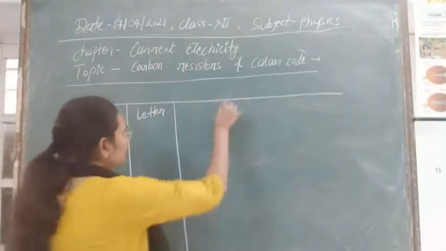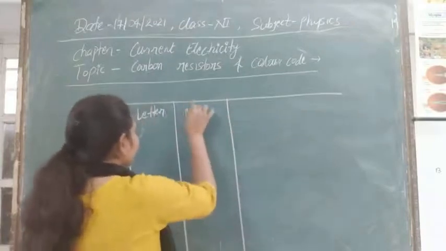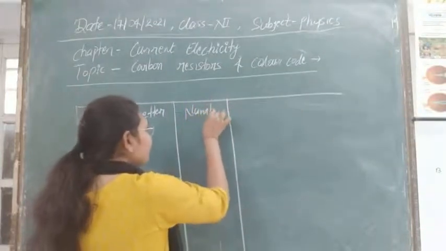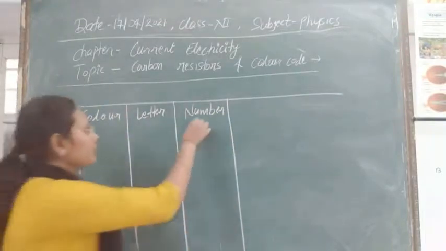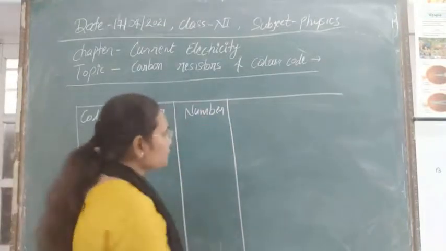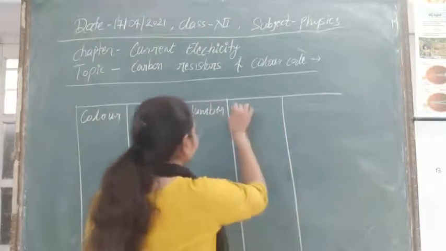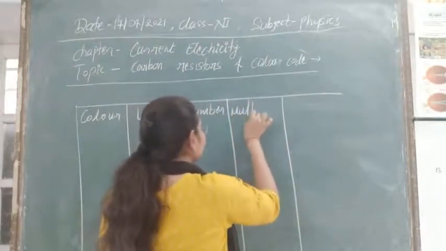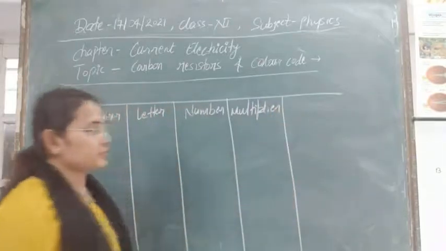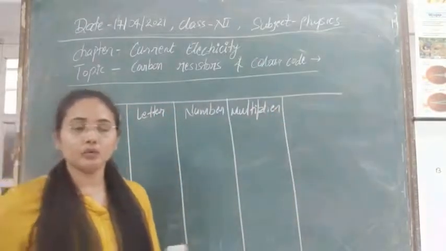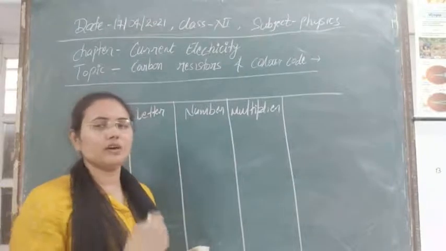Third, number. For every color, a number is assigned. Fourth is multiplier. We use the multiplier when we have three or more colors.